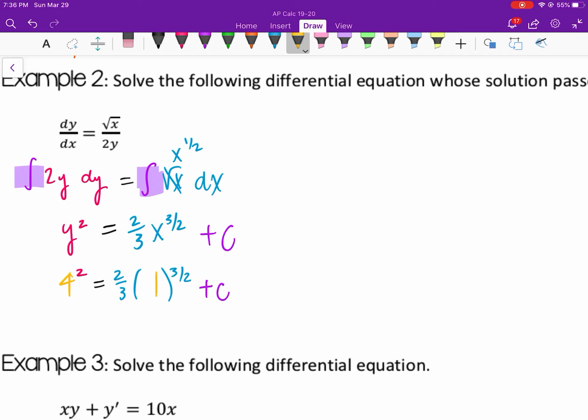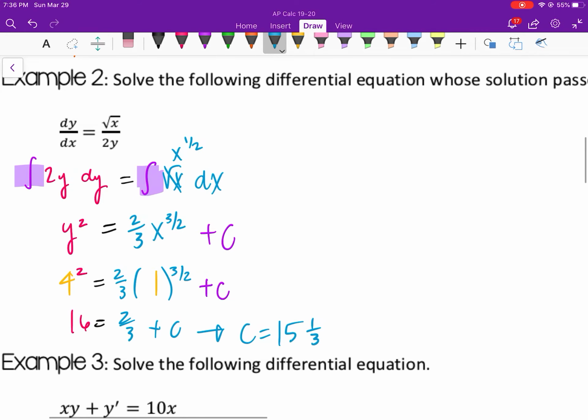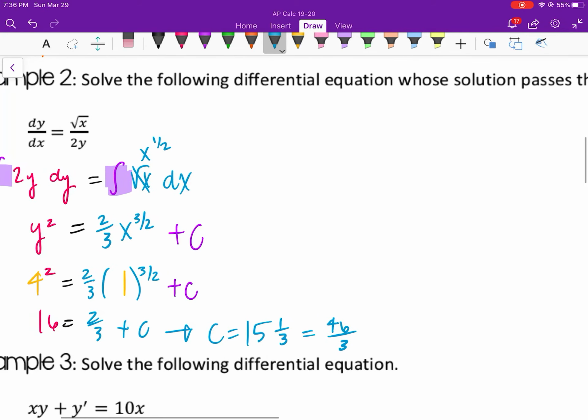Well, that 1 to the 3/2 just becomes 1, right? So then you just have 2/3 plus c equaling 16. So then if 16 equals 2/3 plus c, c would be equal to 16 minus 2/3, which would be 15 and 1/3, or let's see, 46 thirds.